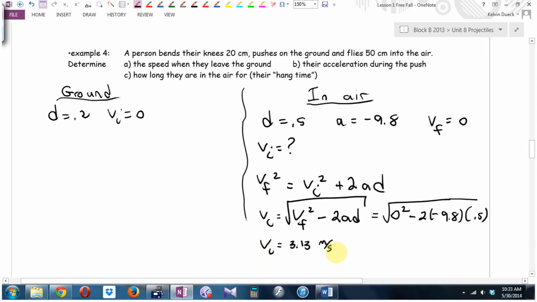What was that? Zach, what was that? That's your V final when you leave the ground, 3.13 meters per second. And you know what? That's what they wanted me to find in part A. So there's my answer to part A.